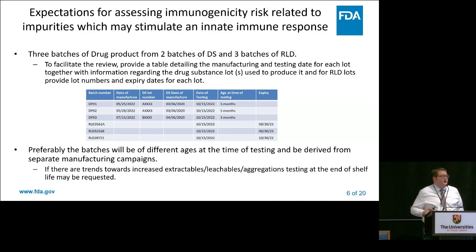And just to make our life easier, we would prefer to have it in a table such as this, where it's clearly delineated: your batch numbers, each of the drug product batch numbers, as well as their date of manufacture, the drug substance lots used to manufacture them, as well as their manufacture date, as well as age at time of testing.